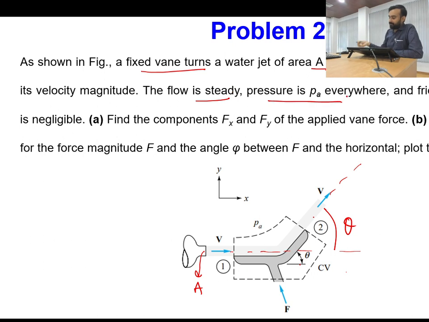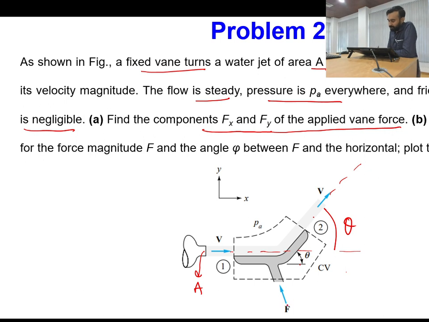Pressure is PA everywhere, so the force because of the pressure will be 0. Friction on the vane is negligible, so there will not be any viscous dissipation. Find the components Fx and Fy of the applied vane force.